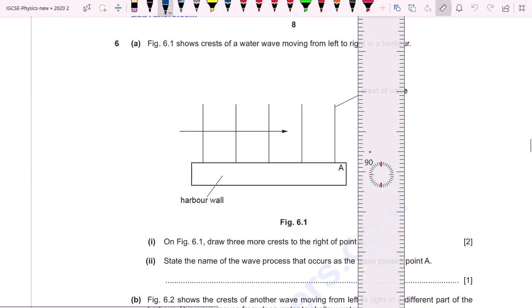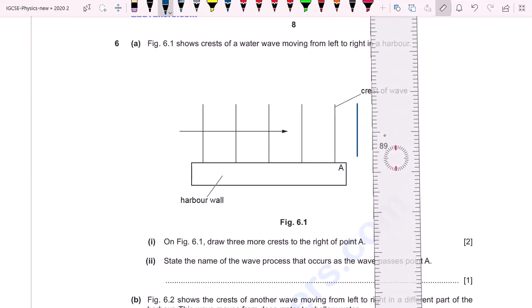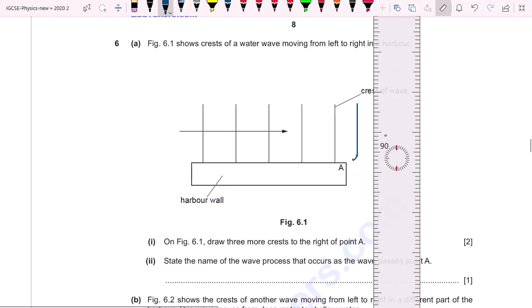First of all, I draw the straight line just like this, and then there is a small amount of curve just like this. And I again draw the crest and curve it from the end.